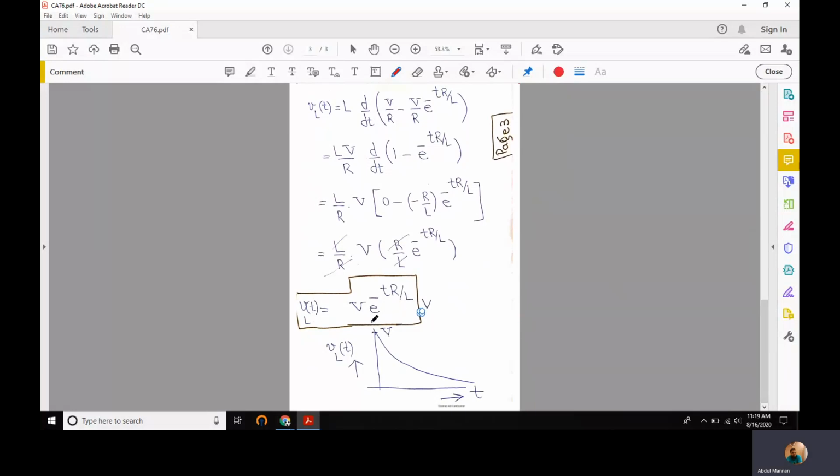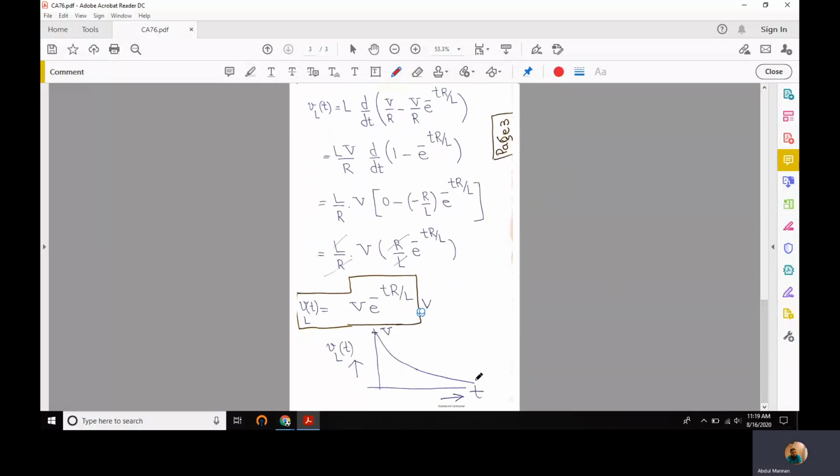This is a decreasing exponential. We have already studied this decreasing exponential when we were studying transient analysis of series RC circuits a few lectures ago. So how can we plot it?